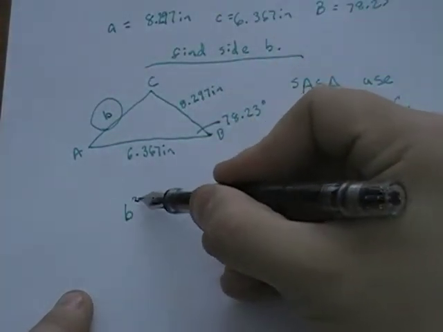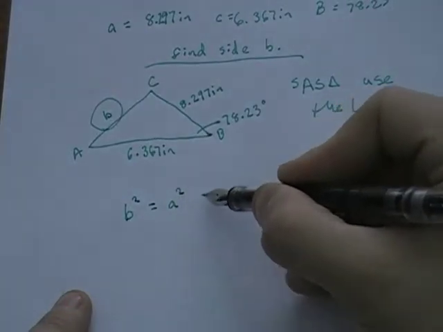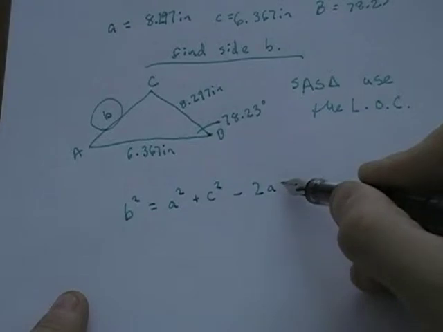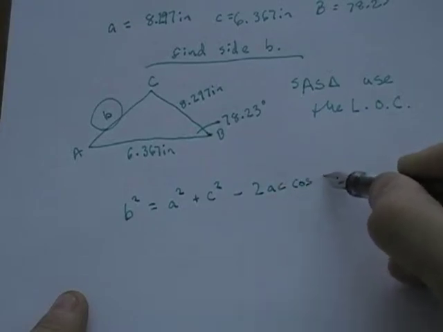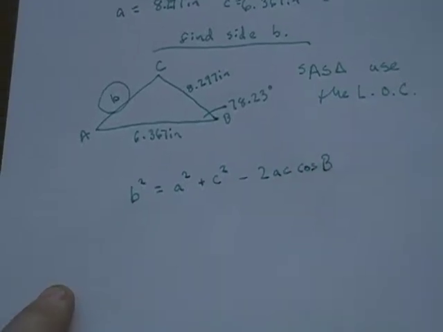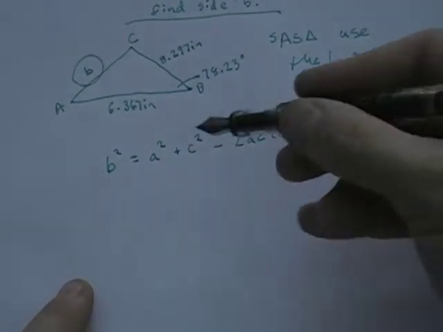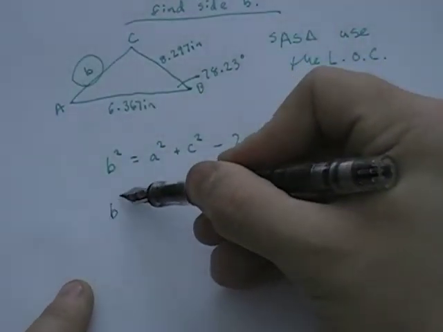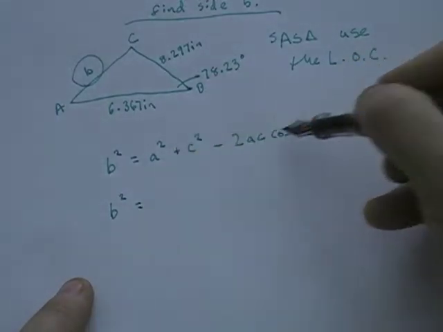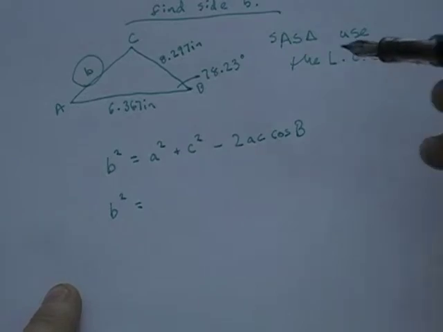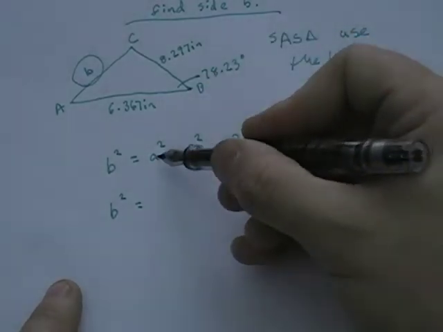And that is B squared equals A squared plus C squared minus 2AC cosine B. Okay, and this is a real simple problem because I can plug in what I know and solve it. And the number one problem I see from students is the computation, not the actual math. And so here goes.